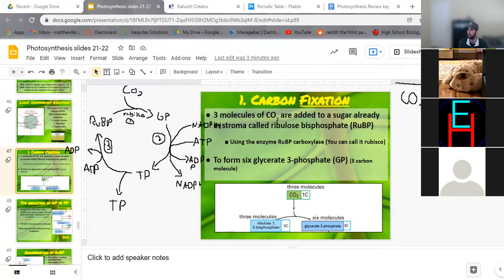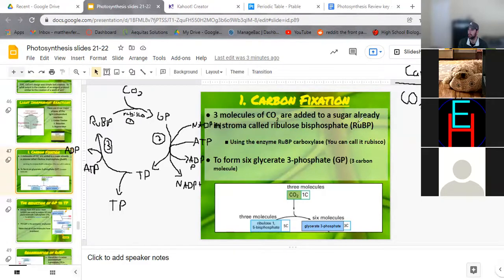How many carbons are in a single molecule of CO2? 1. It's a 1 carbon molecule. This is going to be our carbon count. I have 1 carbon in CO2.